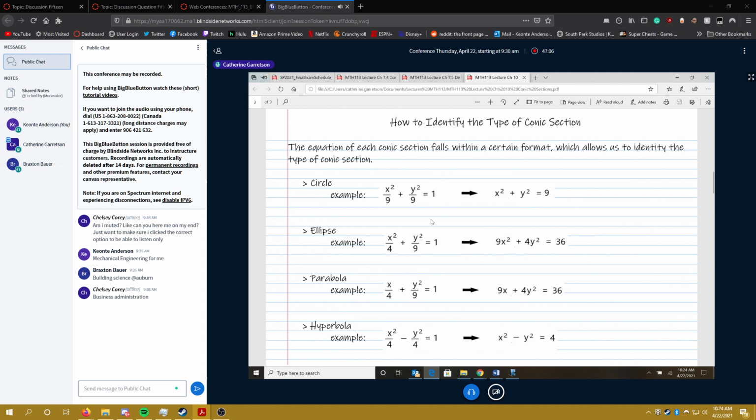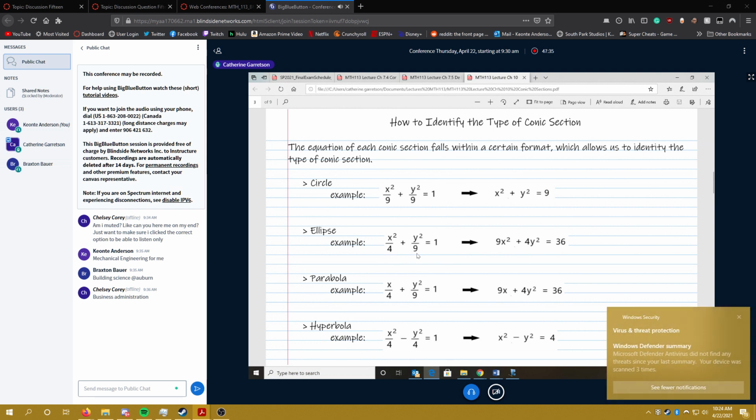Well, how could I get it back into another format to make it easier to understand what I have? I could multiply every term on the left and right side by 9, and it would put it in this form. Now, multiplying this by 9 wouldn't get rid of the 4, and multiplying both of these by 4 wouldn't get rid of the 9. But if I multiply both of them by 9 times 4, 36, it will get rid of the fraction.